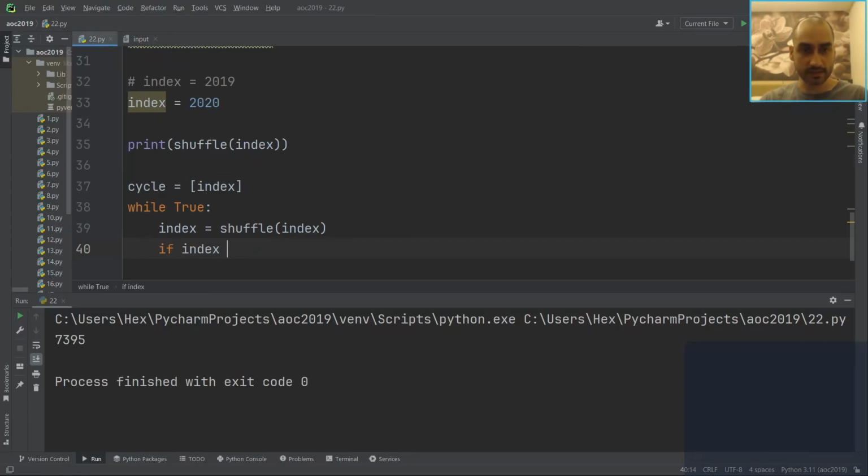If index equals 2020, so let's say initial index equals 2020.